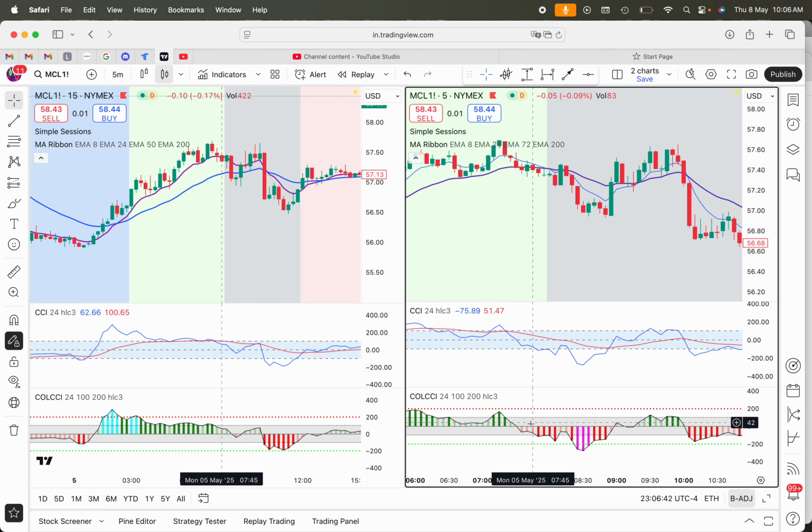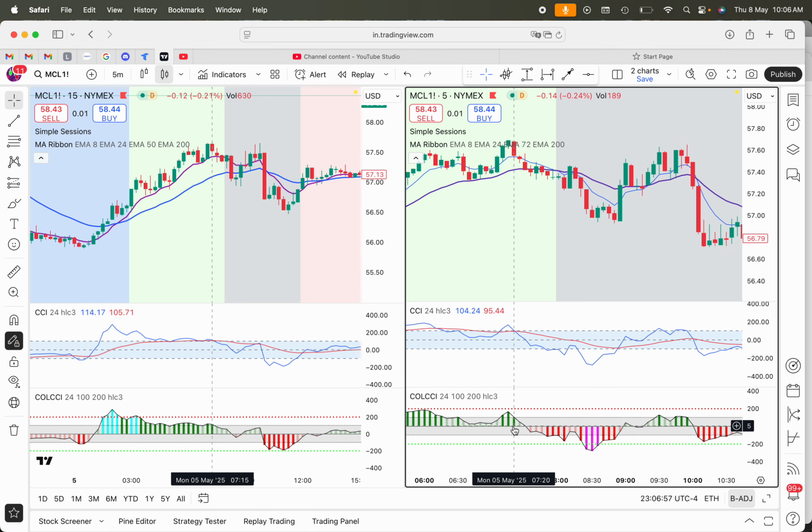So you'll notice down below, you can see there's green histogram going up, and there's red histograms going down with cyan, okay, or pink, I think that should be. And there's a zero line. So what you could be doing, let's just say in here, clearly price is pushing down through the 8.